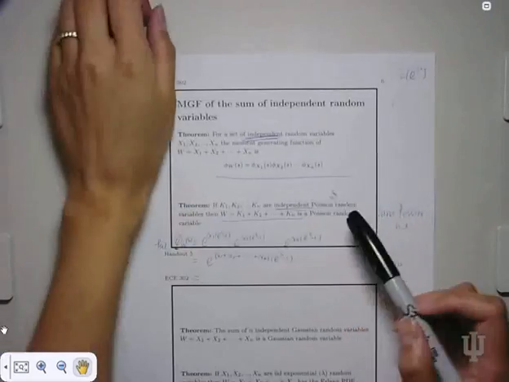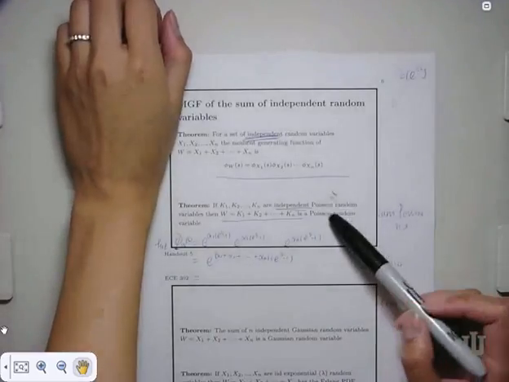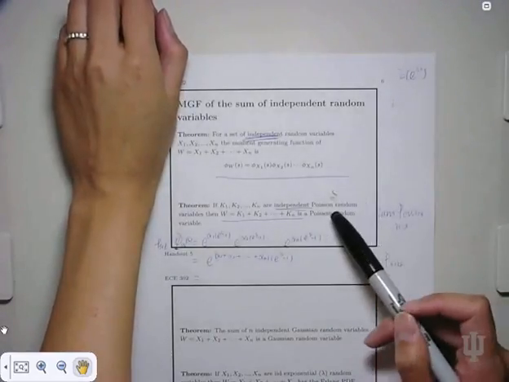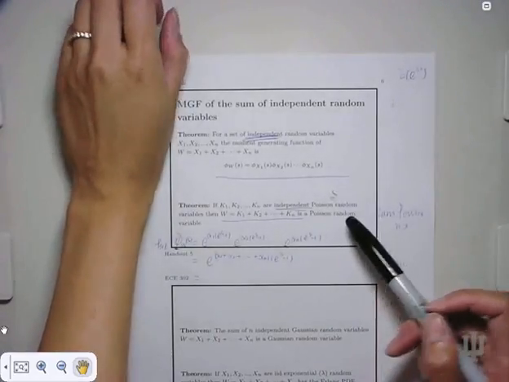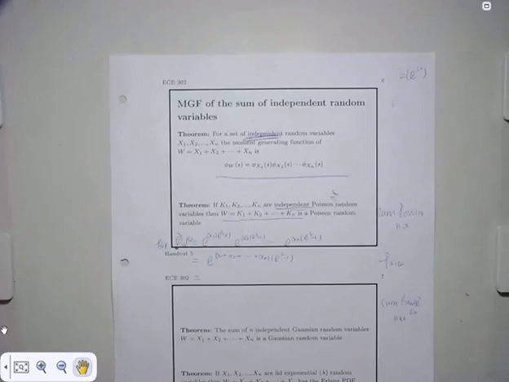Or think about a real example: Poisson models the arrival problem within a certain time. If I fix the time interval, say at a bus stop or a parking lot, then the total number of cars arriving within that time is a Poisson random variable.